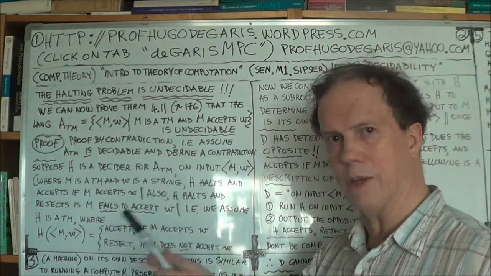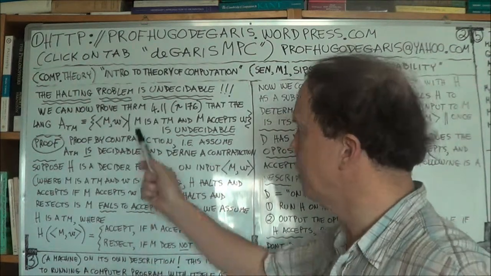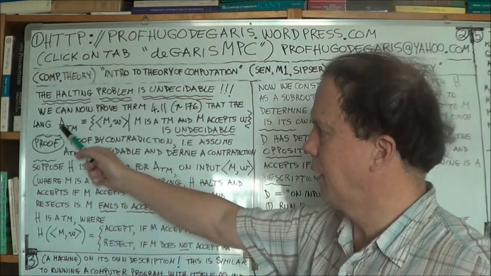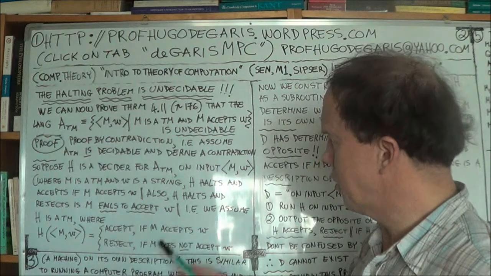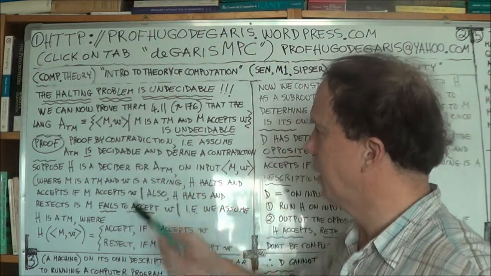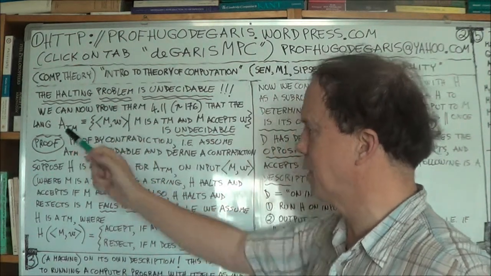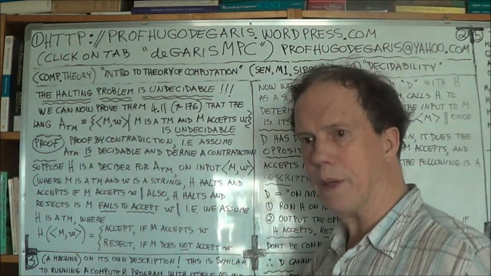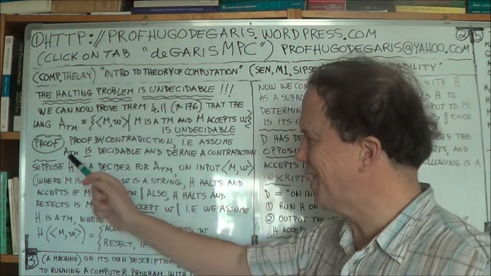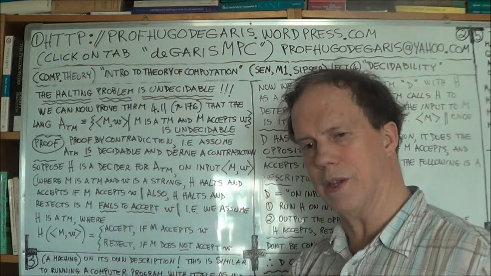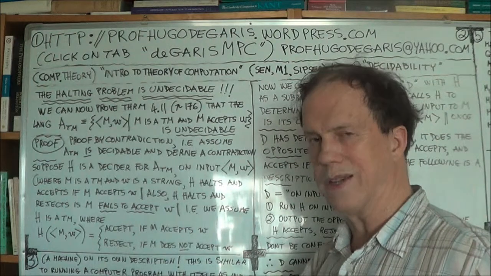So that encoding, that information about those two things, is put into string form. So this is a string, and a language is just a set of strings. So this Turing machine H will look at this string, and it will have to accept it if this string belongs to this language. And any other string, the Turing machine will reject. Because by definition, this Turing machine H is a decider, and that's what deciders do. They accept all strings belonging to the language, and they reject all other strings.